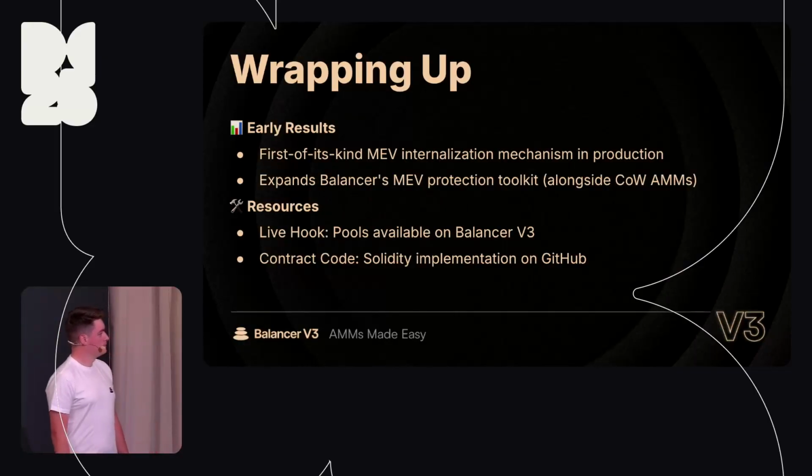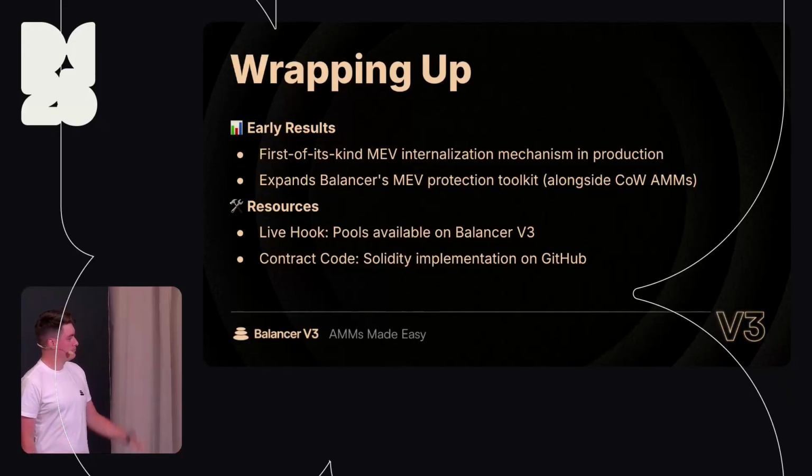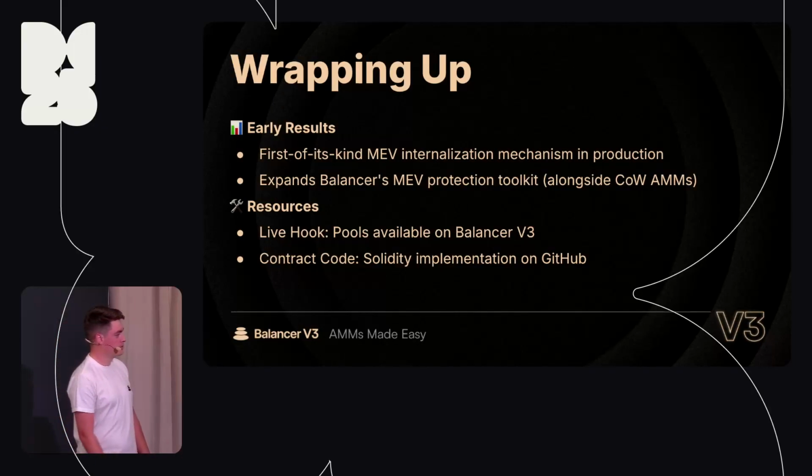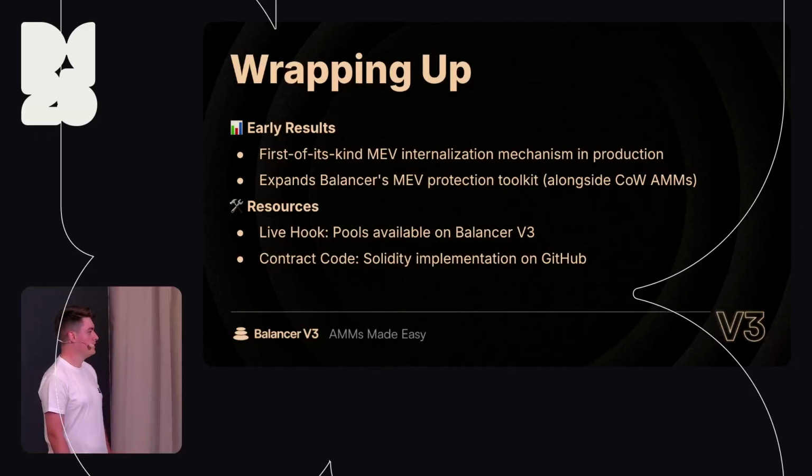Just wrapping up, we deployed this pool, I guess, 1 or 2 months ago. It was the first of its kind MEV internalization product on Base, and it also expands Balancer's MEV protection toolkit.